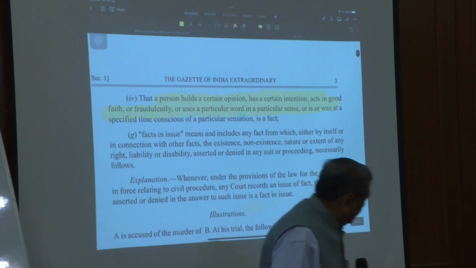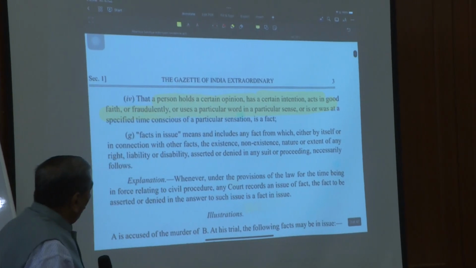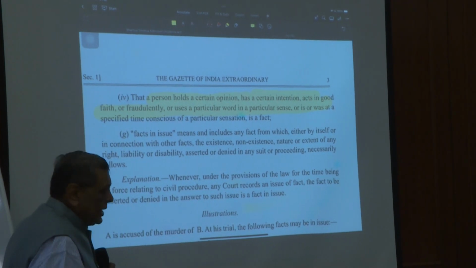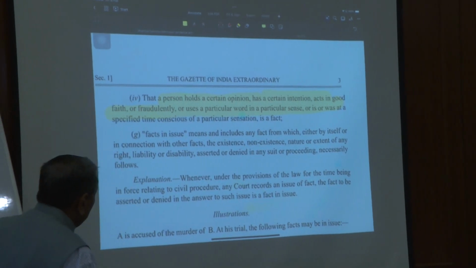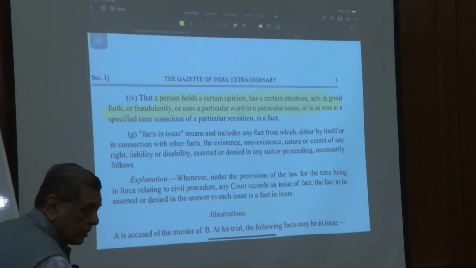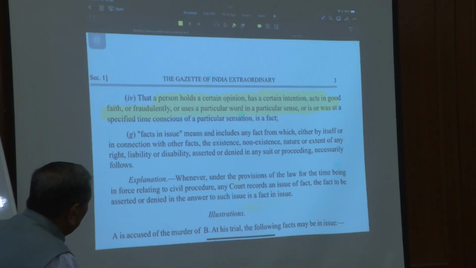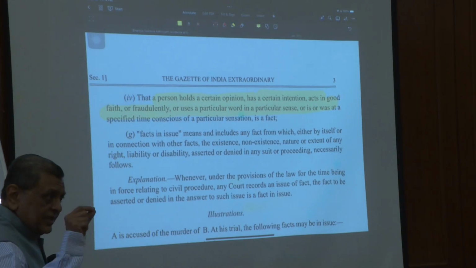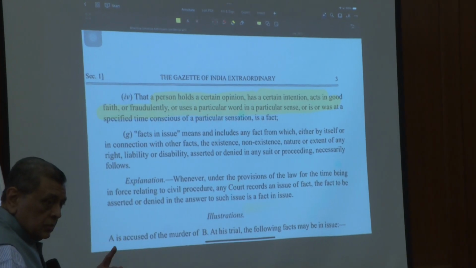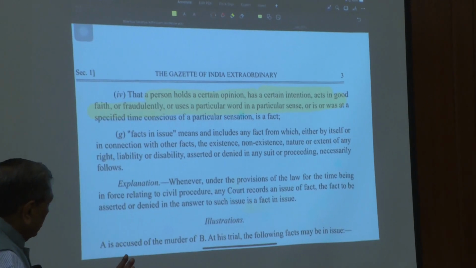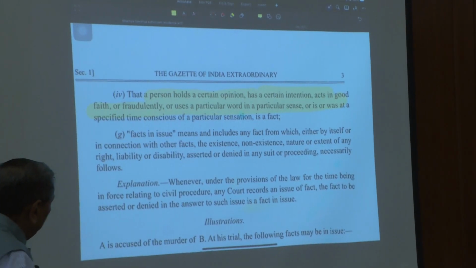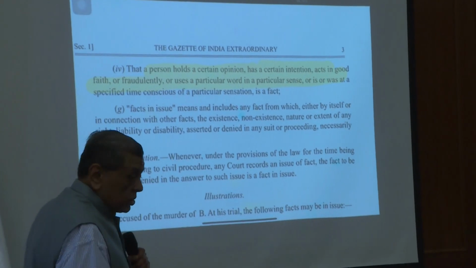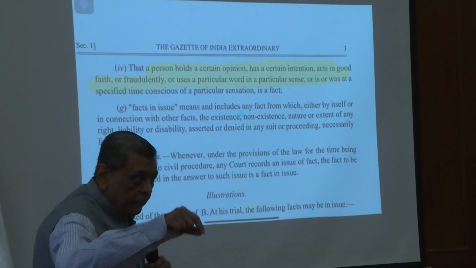Now look at this. That a person holds a certain opinion, has a certain intention, acts in good faith or fraudulently, or uses a particular word in a particular sense, or is or was at that specific time conscious of a specific particular sensation, is a fact.